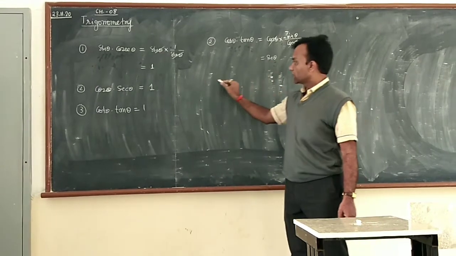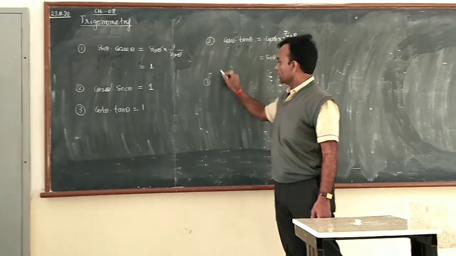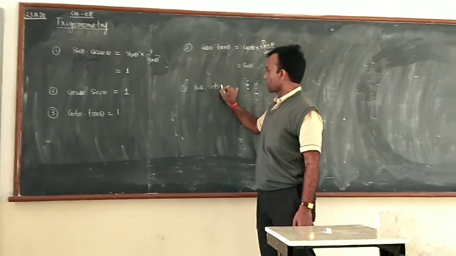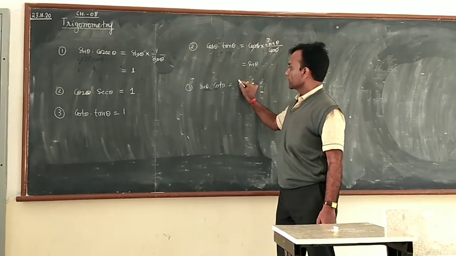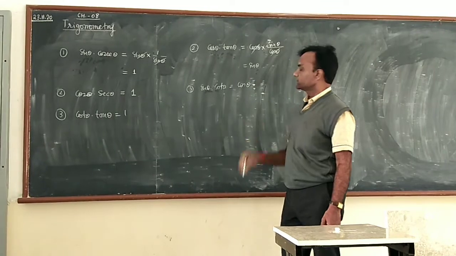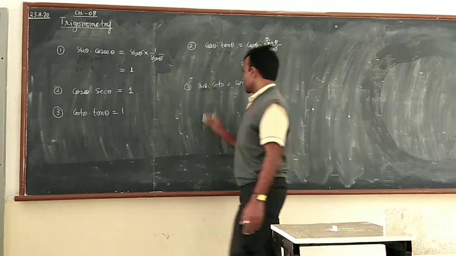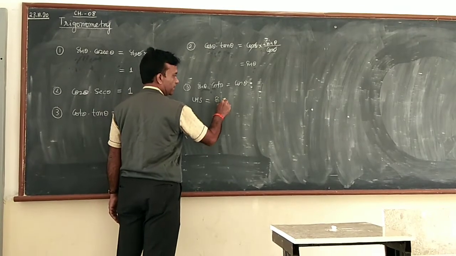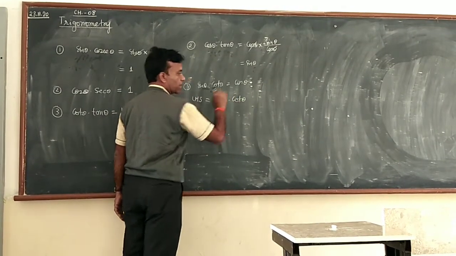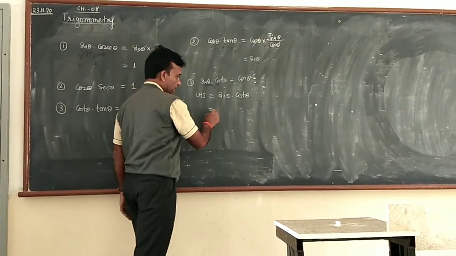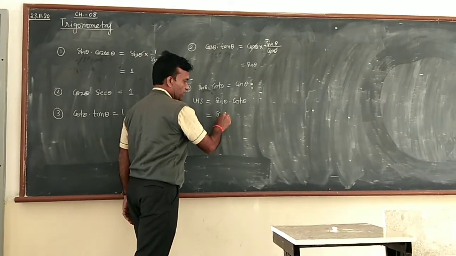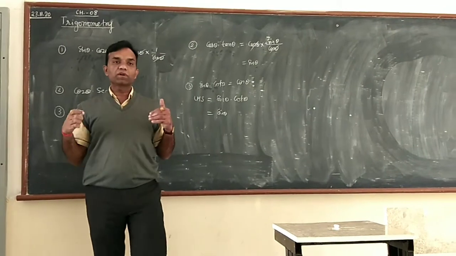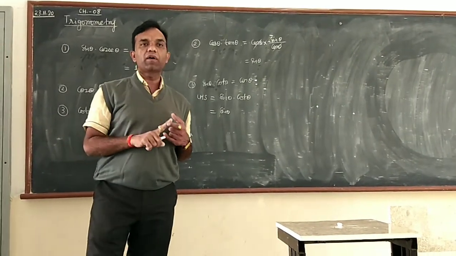Now second, maybe sin theta into cot theta, you have to show that it equals cos theta. So take the LHS part. What is LHS? Sin theta and cot theta. There is no formula for sin, but we know the formula of cot in the form of cos by sin, because there are two formulas for tan and cot.